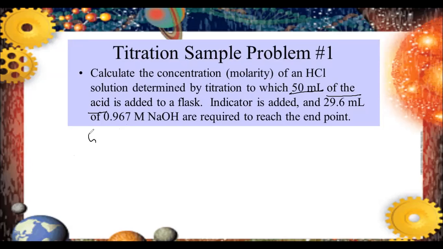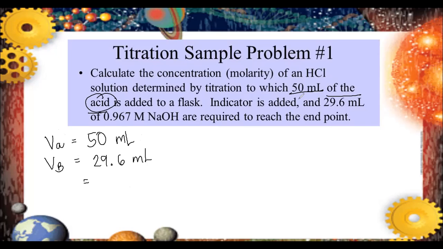So we have here 50 ml of the acid. So this one is the volume of acid. Next, indicator is added and 29.6 ml. So since we already have the volume for acid, this one is the volume of our base.